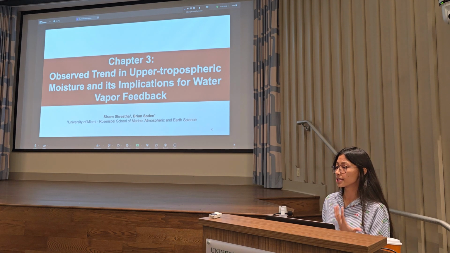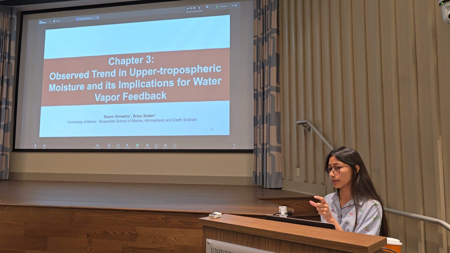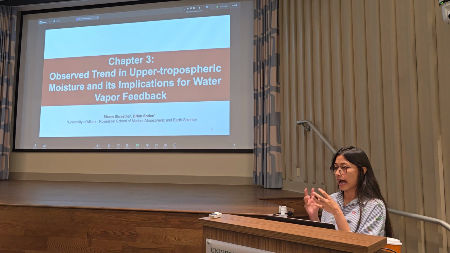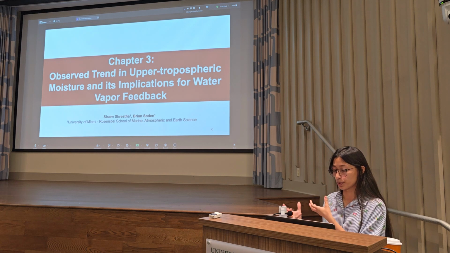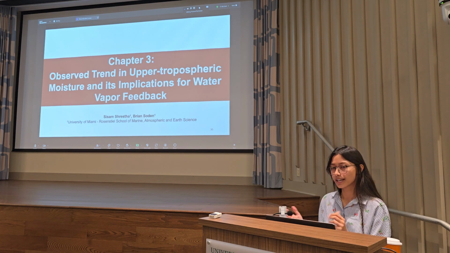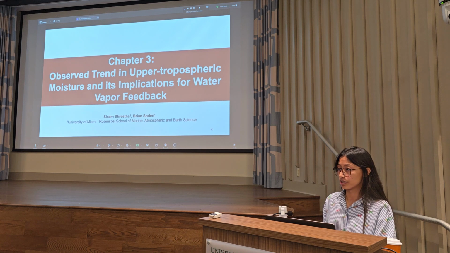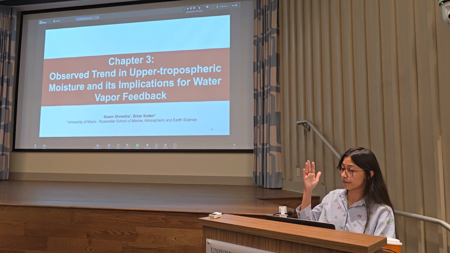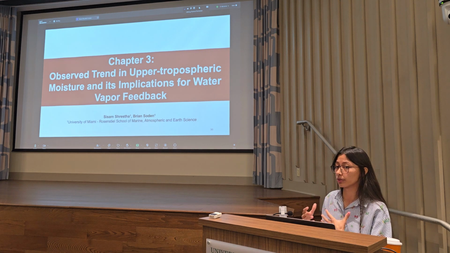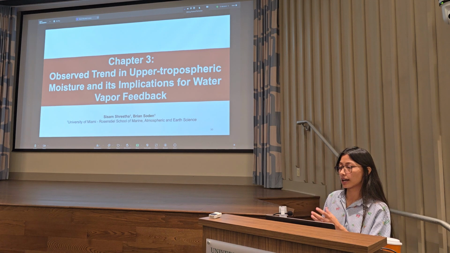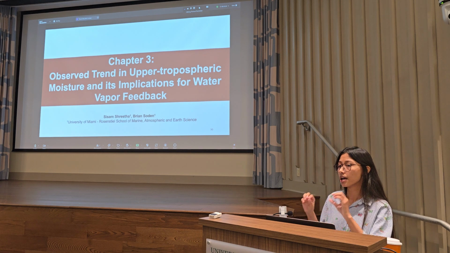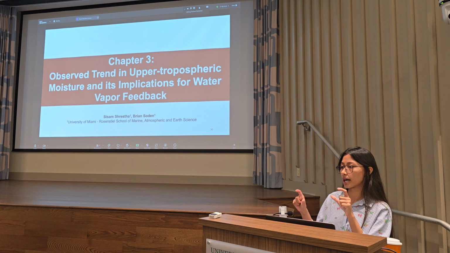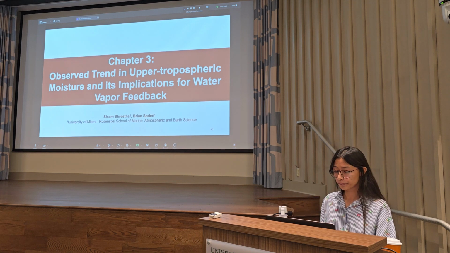So Chapter 2 specifically looked at relative humidity, whereas in Chapter 3, we look at specific humidity, that is the actual moisture content in our upper troposphere, which is important because, as pointed out in Soden, although the amount of moisture decreases as we move above in the atmosphere, it's this logarithmic relation between water vapor and outgoing longwave radiation that makes moisture in our upper troposphere an important factor in studying water vapor feedback.